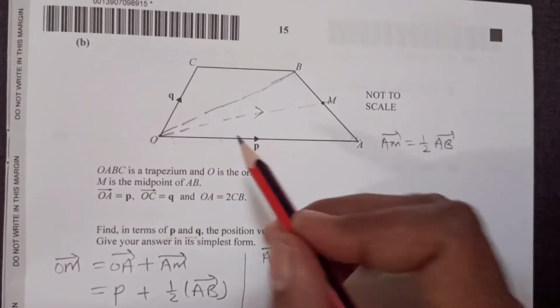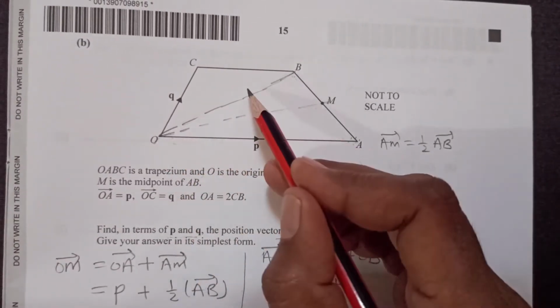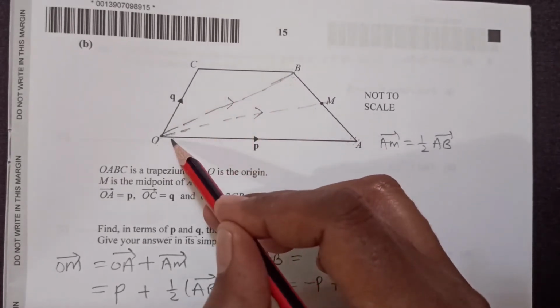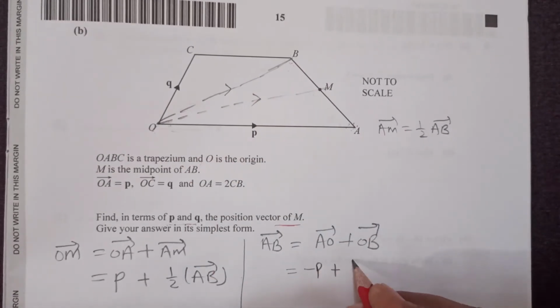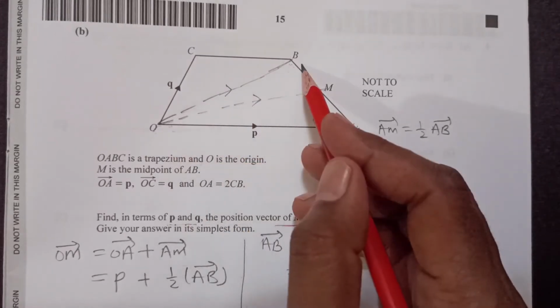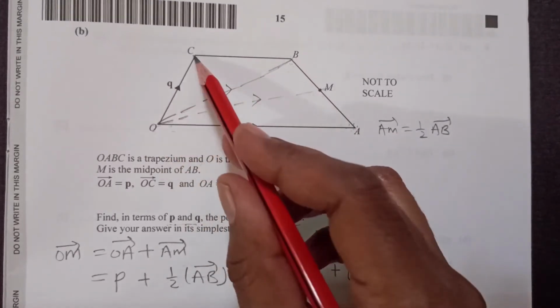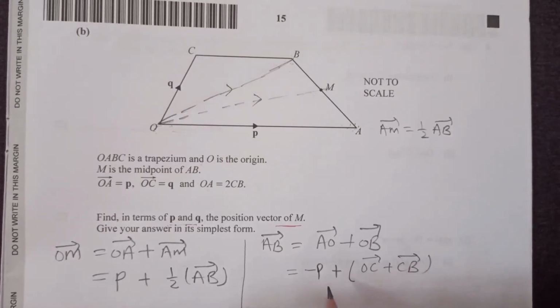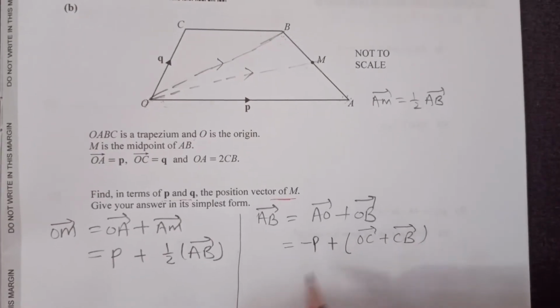For OB, we have to go back from here. I will take it as OC plus CB. We have to go back because we need everything in terms of p and q, right?